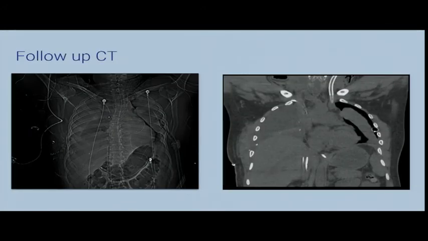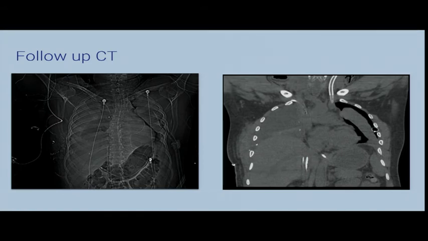The same patient had a follow-up CT, and from the CT, we can actually see the total opacification densities completely filling the right hemithorax.